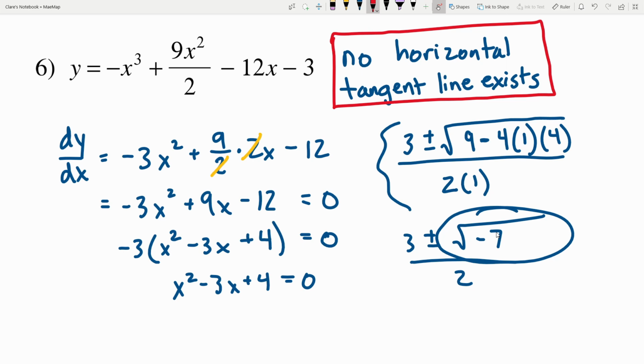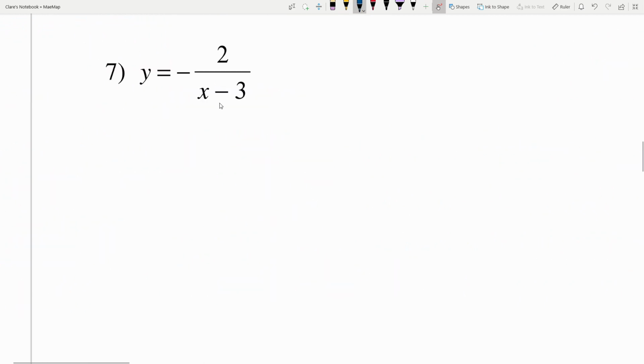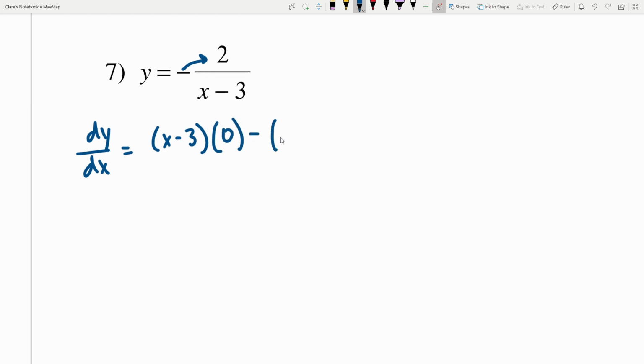So let's move on to number 7. In number 7, let's start by taking the derivative. So dy dx, and I'll go ahead and use the quotient rule for this one. So we have low, which is x minus 3, d high, so the derivative of negative 2 is 0, minus high, which is negative 2, times the derivative of low, which is 1, all over low squared, which is x minus 3 squared.